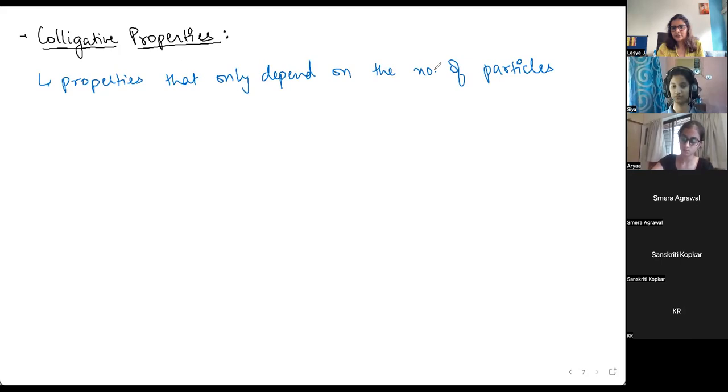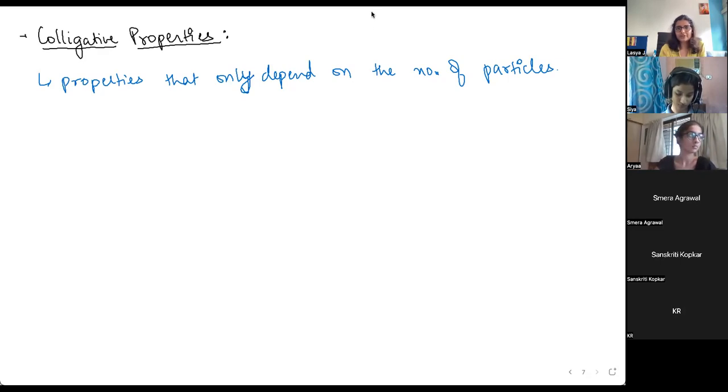So number of particles, matlab, like, okay, now since we are studying about solutions, concentration of the solution. So it does not depend on the nature of solute, nature of solvent. It doesn't depend on anything except, okay, how much of the solute is there, how much of the solvent is there. It solely depends on the number of particles. That's what are colligative properties.